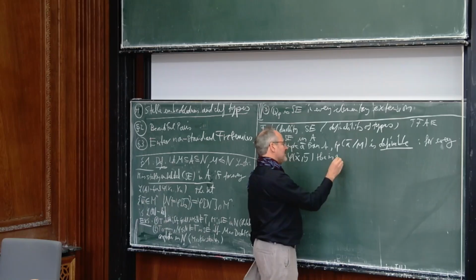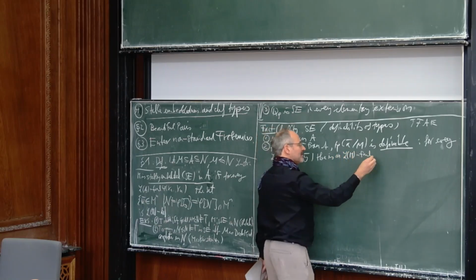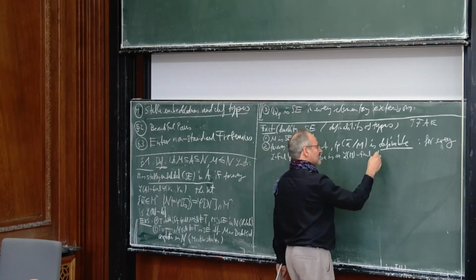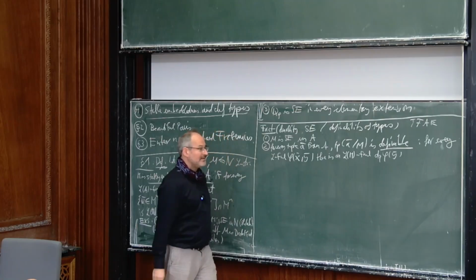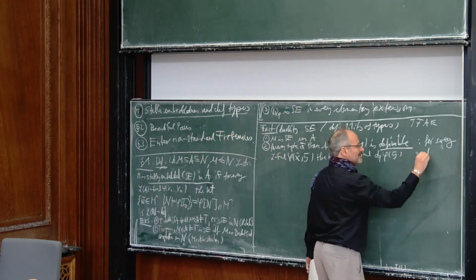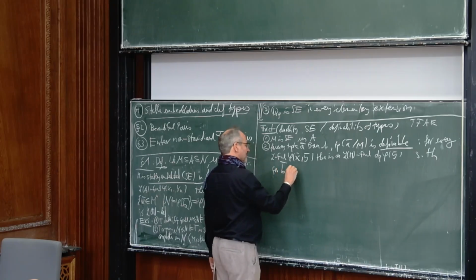There is an L of M formula, so I'm allowed to use parameters from M. There is usually a defining scheme d_p of phi, in the parameter variables, such that the following holds for b in M to the y, so you can plug it in as a parameter.